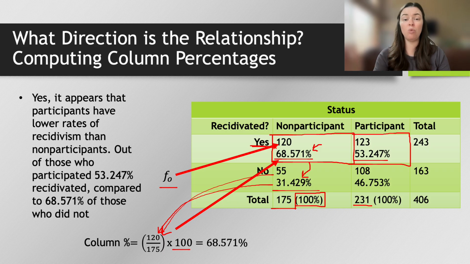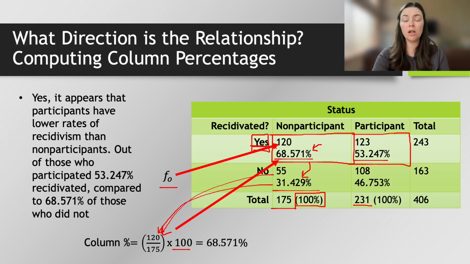So these two top cells are essentially what we want to compare. What effect and in what direction did this treatment program have on recidivism? So we're looking at the people that did recidivate. So individuals that did participate in the treatment program only recidivated 53.247% of the time, whereas those that did not participate in the treatment program recidivated 68.571% of the time. So we have about a 15 percentage point gap here.